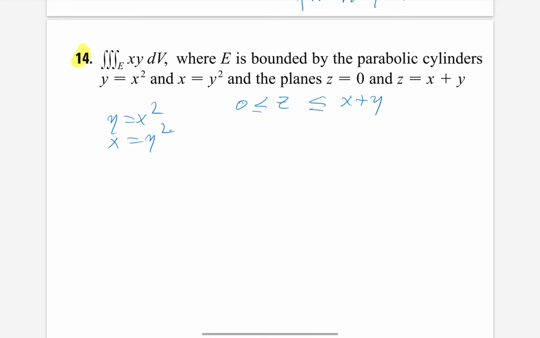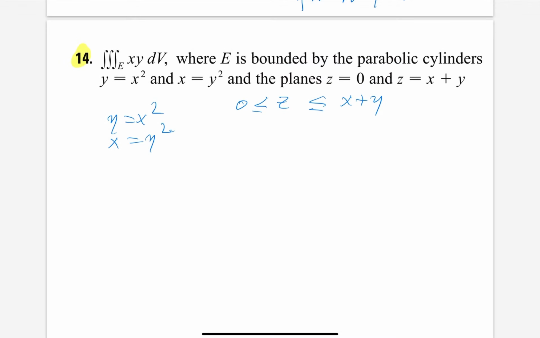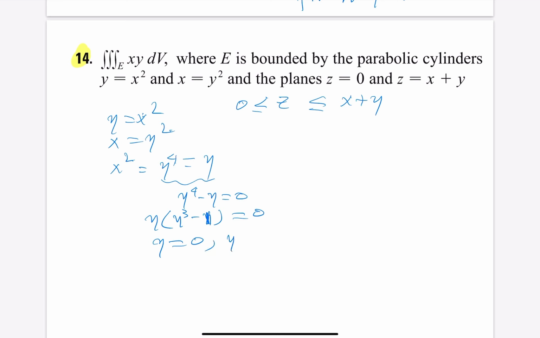You can square both sides of the second one: you will have x squared equal to y to the fourth, and x squared here is just y, and now from here you can find y. Now it's y to the fourth minus y equal to 0, y factored: y times y cubed minus 1 equal to 0. So you will have y equal to 0 and y equal to 1.